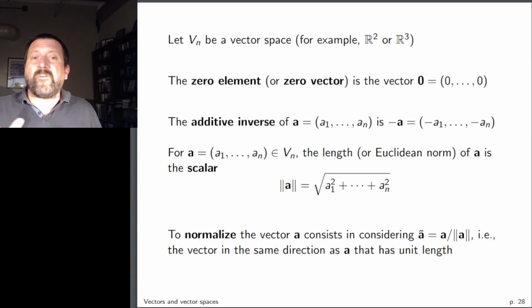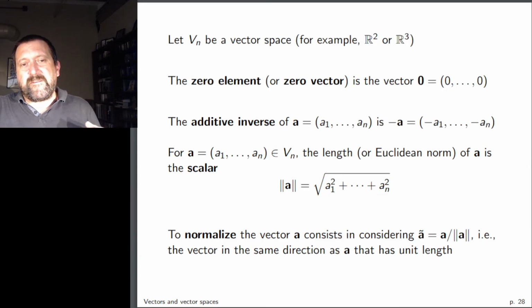I'm not allowed to divide a vector by another, but here I'm multiplying the vector A by 1 over the norm of A. So this is an allowed operation, and you can very easily check that the resulting vector has unit length. If you compute the norm of A tilde, you will get 1.